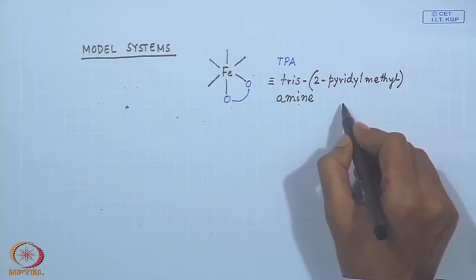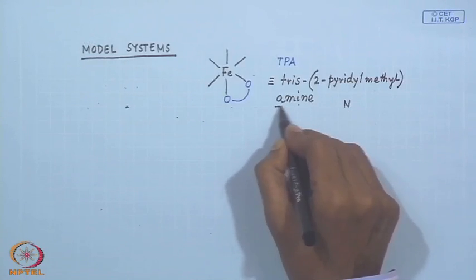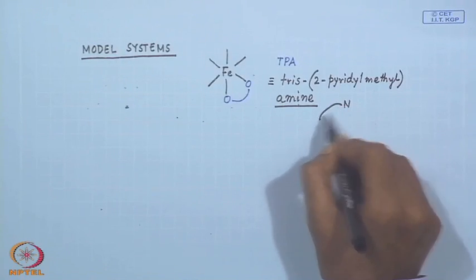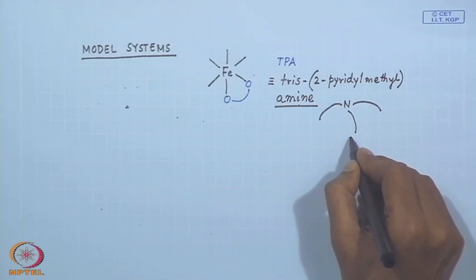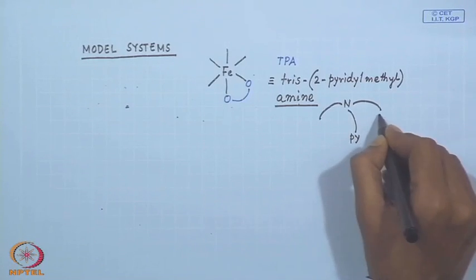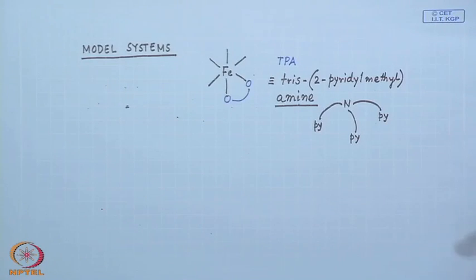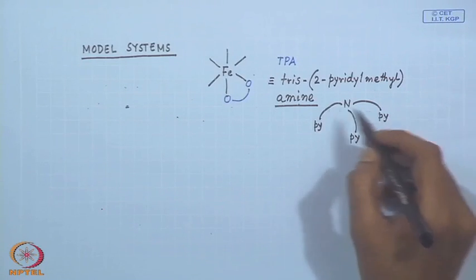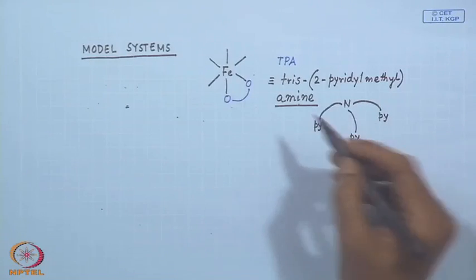So, you have the amine nitrogen in hand, and you just functionalize it with pyridine, pyridine, pyridine. So, it is basically a tetrapodal ligand, we call it a tetrapodal ligand.